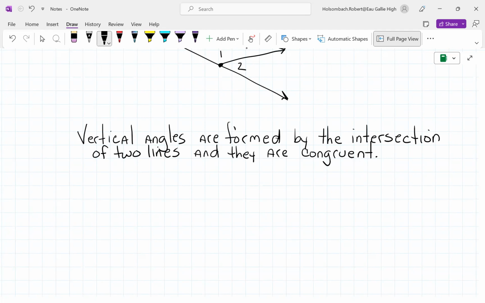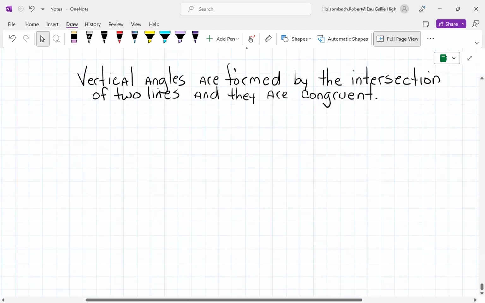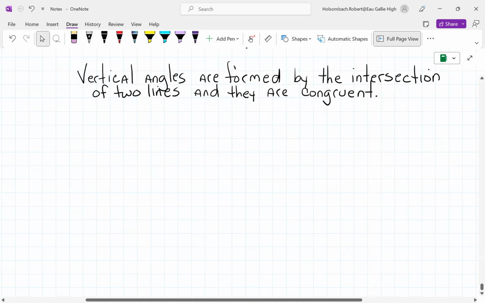Vertical angles are formed by the intersection of two lines and they are congruent.